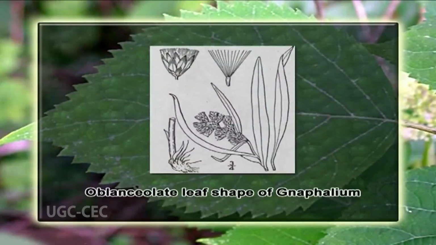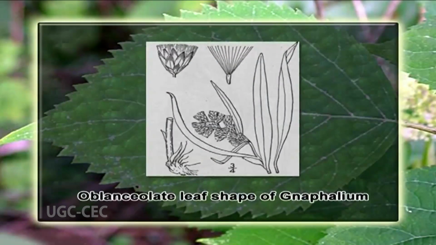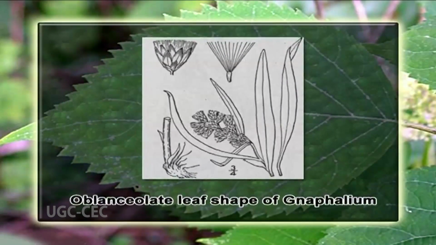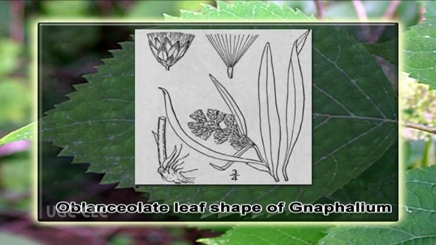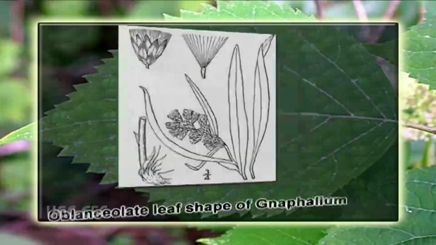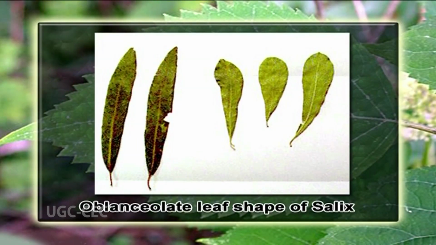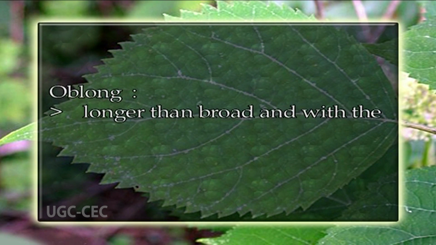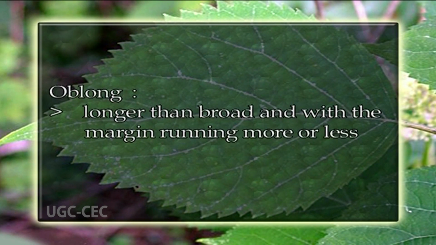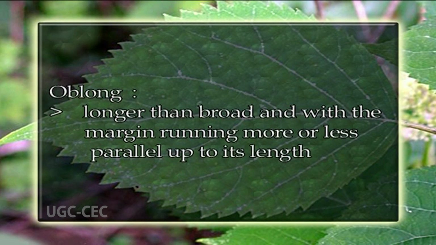Then oblanceolate, opposite of lanceolate, a leaf broader at the distal third than at the middle and tapering towards the base. For example, Nephelium, Salix lasiolepis. Then oblong, longer than broad and with the margin running more or less parallel up to its length.